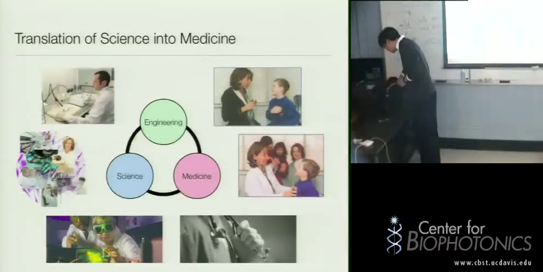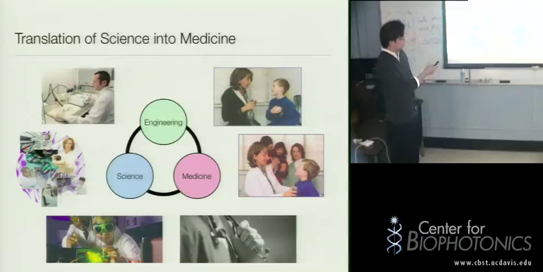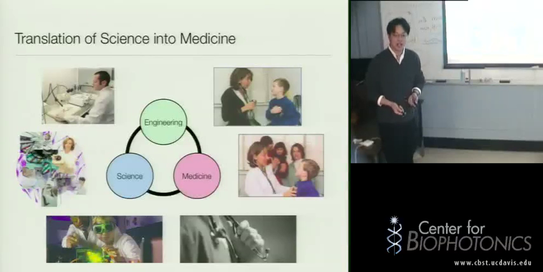And this process of translating science into medicine requires basic scientists who make the discoveries about laws of nature, how the body works, mechanisms of disease, and they take this knowledge and eventually somehow they have to get it into medical practice.